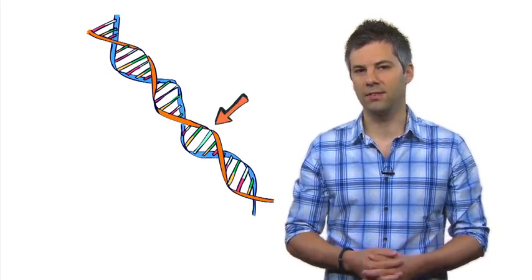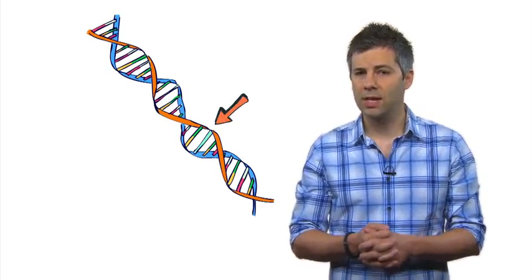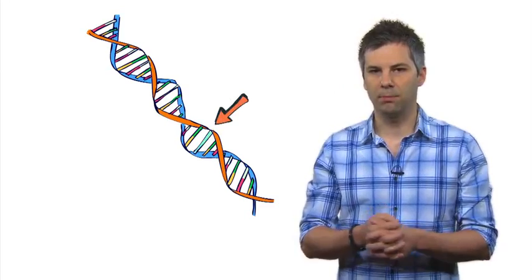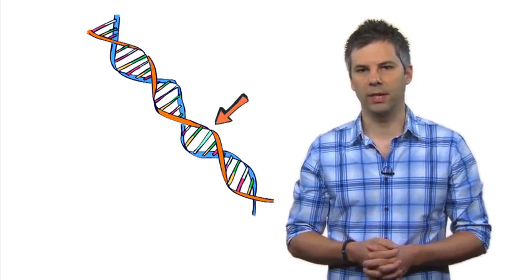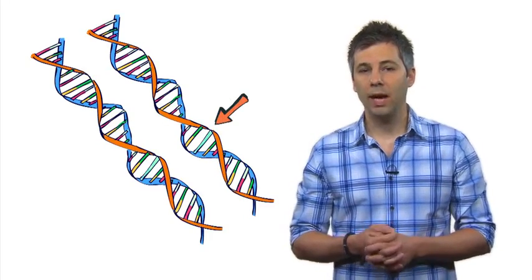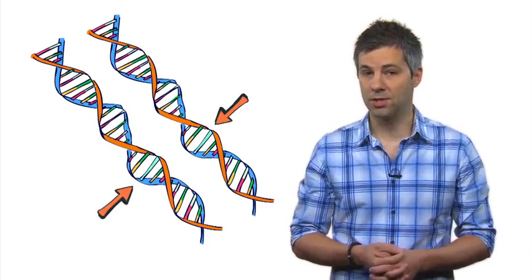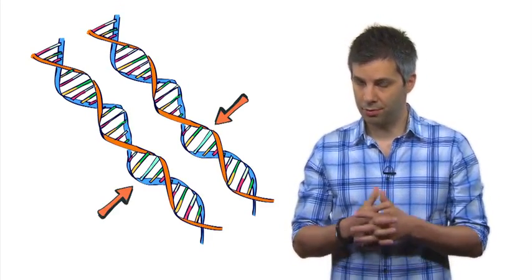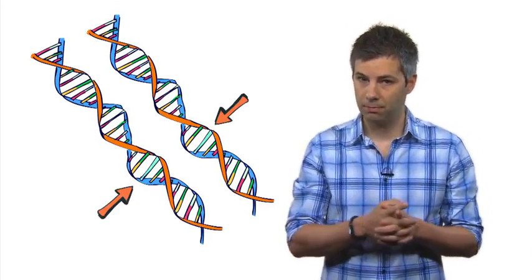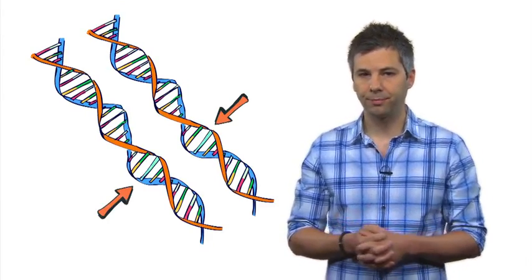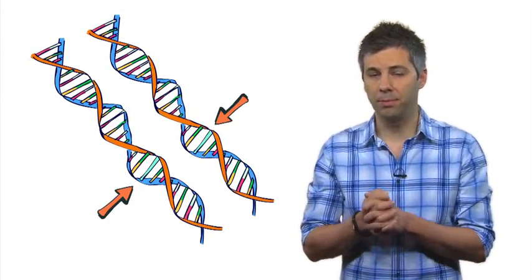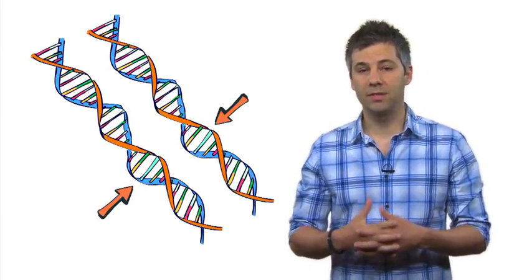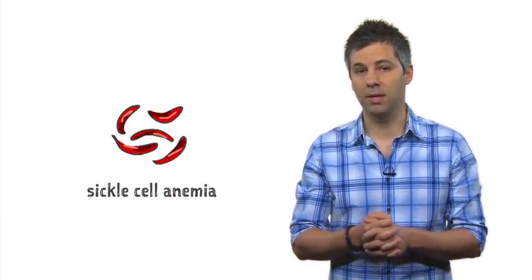A single nucleotide change in the DNA sequence of that gene changes the protein that the gene produces in a very interesting way. If you have the mutation on both copies of the gene, remember that you have 2 copies of each gene, one from your mother and one from your father, you will have a disease called sickle cell anemia.